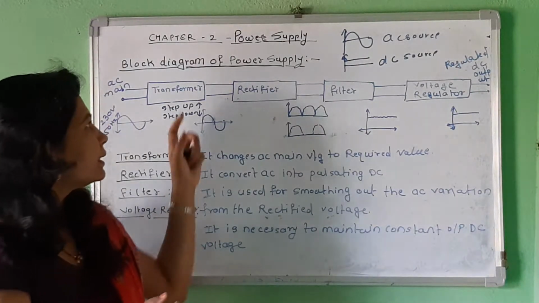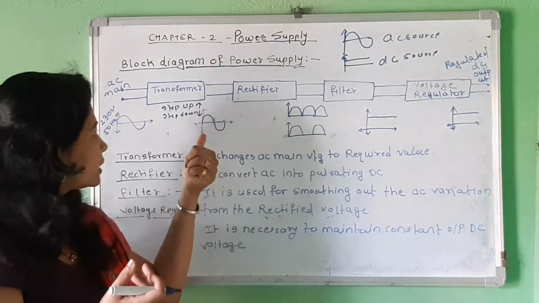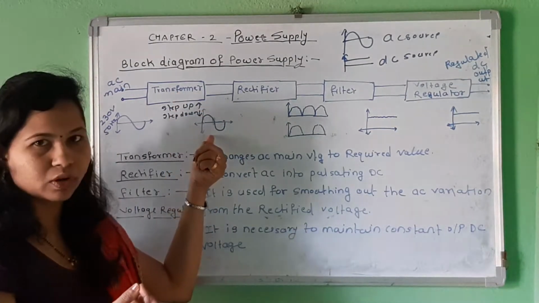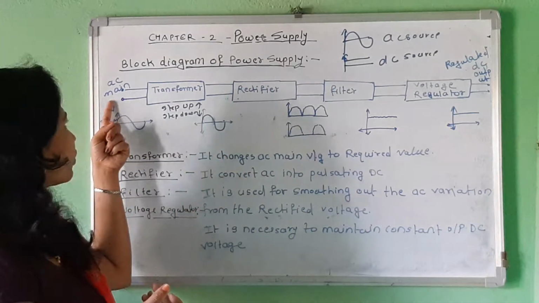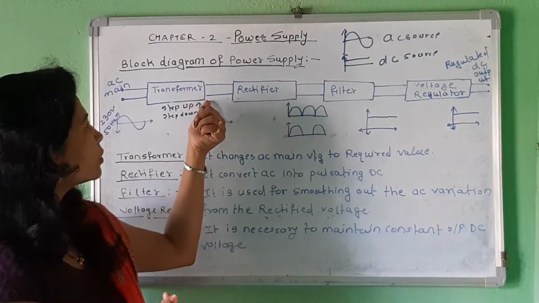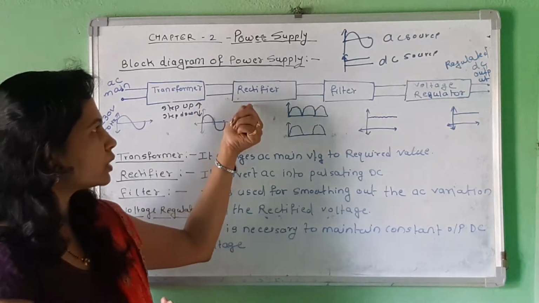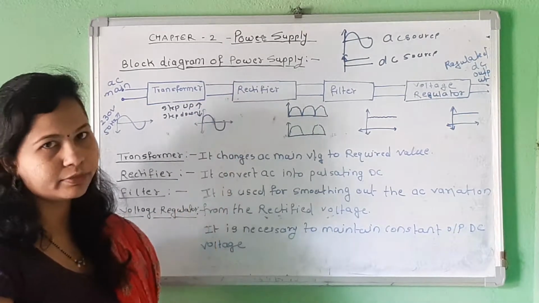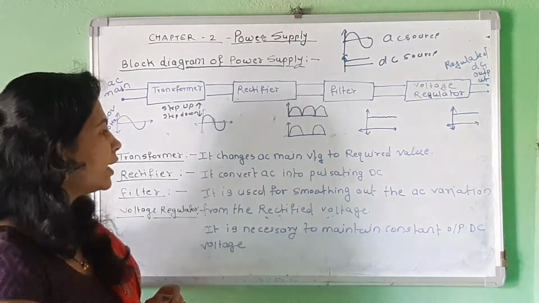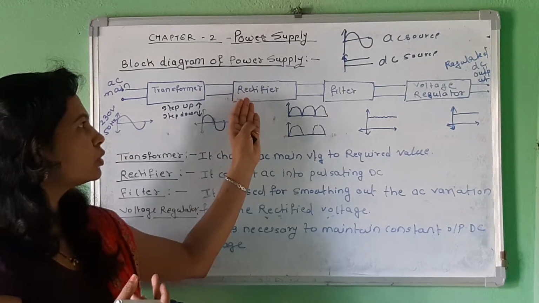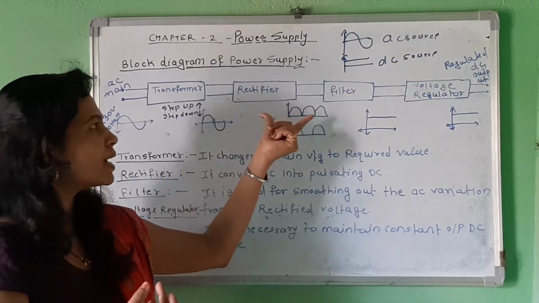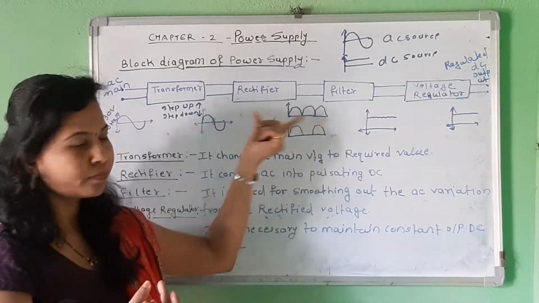Now this is the output waveform of this transformer. The required value is here. Next, this output from the transformer is given to the next block, which is the rectifier. What will the rectifier do?